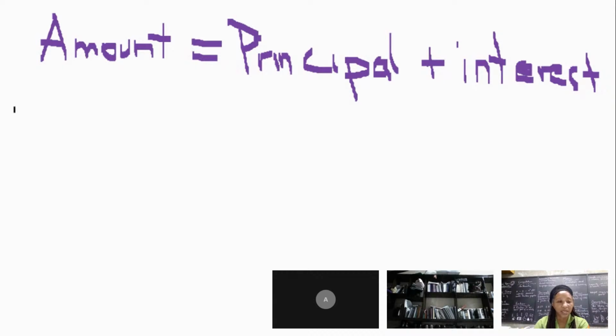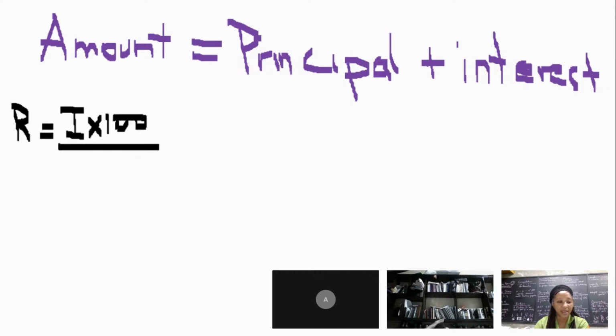So if we want the rate, it's the interest times 100 divided by the principal times the time. That's if we want the rate.